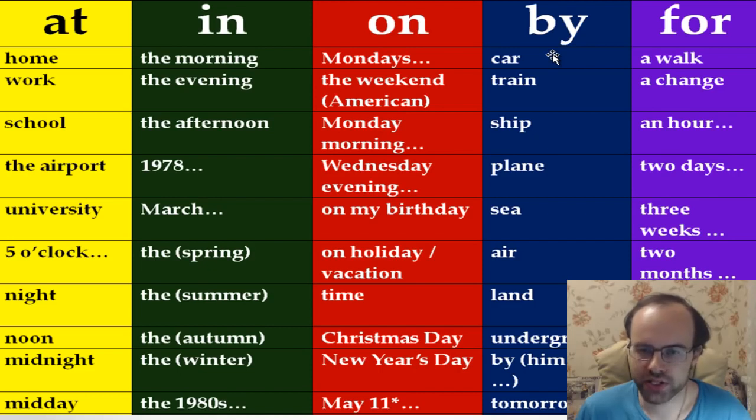When we travel somewhere, we say, for example, how do you prefer to travel? By car. So the fundamental difference is that after "by," you don't use a preposition, and you say by car, by train, by ship, by plane, by sea, by air, by land.